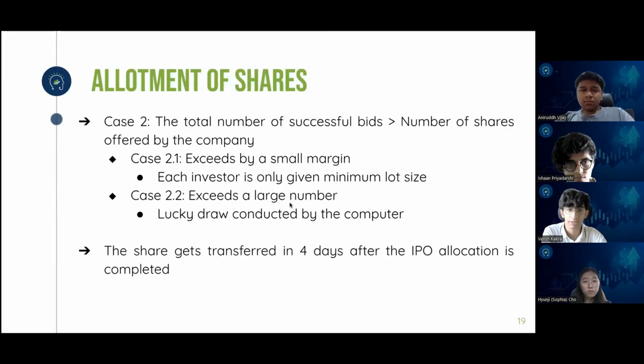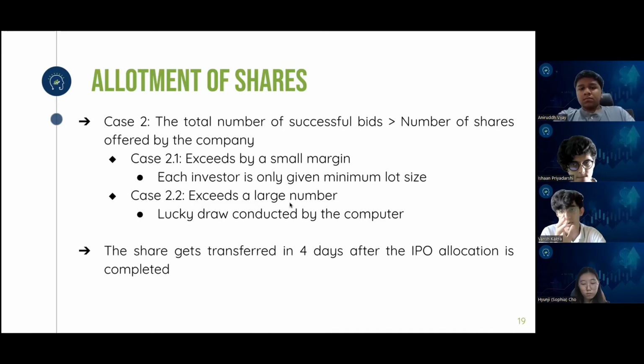Now moving on to case two, wherein the total number of successful bids is more than the number of shares being offered. Now in this, there can be two cases. Case 2.1 shows that the number of bids exceeds the number of shares by a small margin. So in this, all investors will be given their minimum lots, and the remaining shares will be proportionately given to the investors who have bid for more quantity.